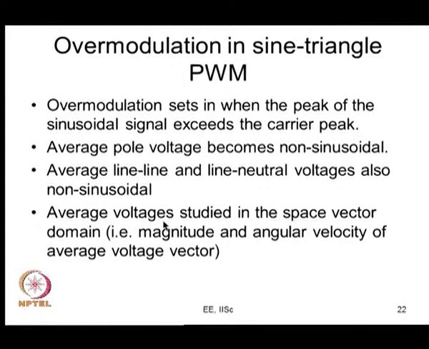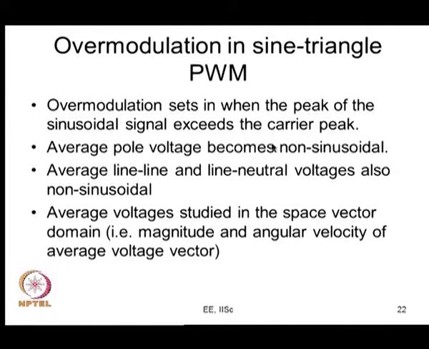Now, when you go into overmodulation in sine triangle PWM, what do you mean by this? Let us put our basic understanding in. Overmodulation sets in when the peak of the sinusoidal signal exceeds the carrier peak, which is obvious, which is the starting point. So, what would we expect? We would expect the average pole voltage to become non-sinusoidal. Why? Because the modulating signal goes above V peak.